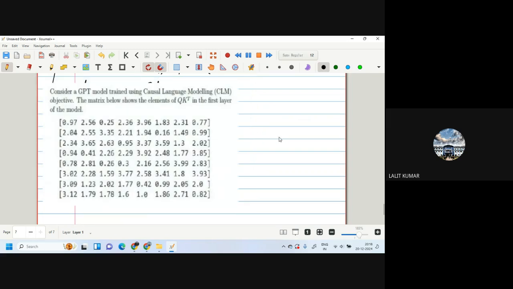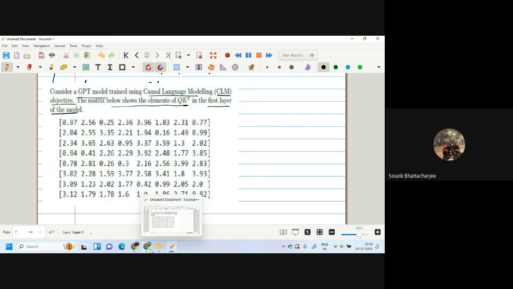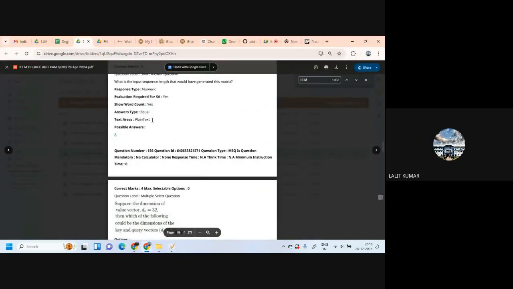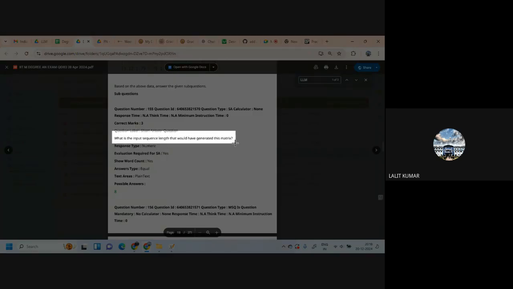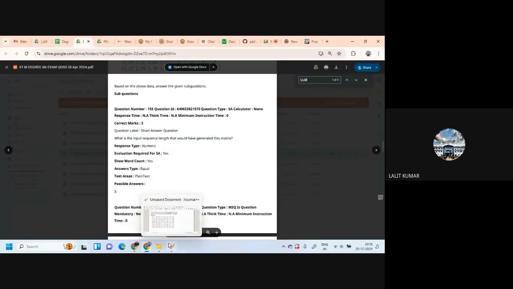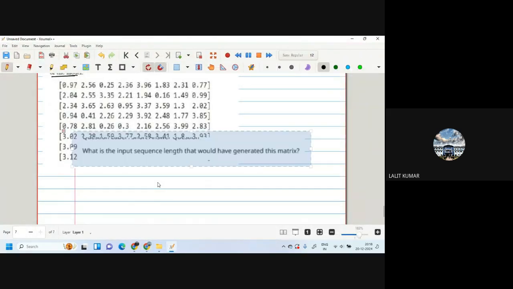Consider a GPT model trained using causal language modeling (CLM). The matrix below shows the elements of QK^T in the first layer of the model. This is the QK^T, and what you're asked is what input sequence length would have generated this.